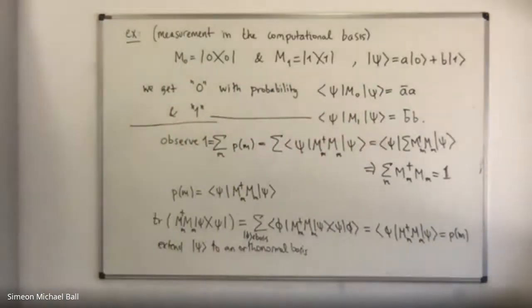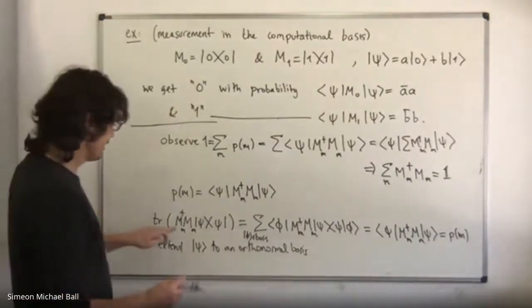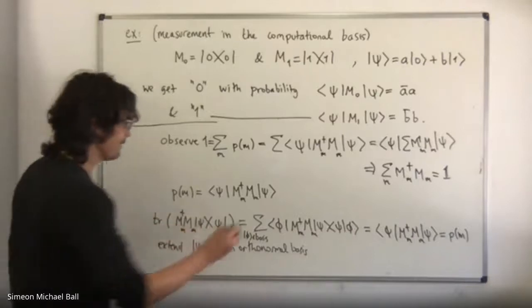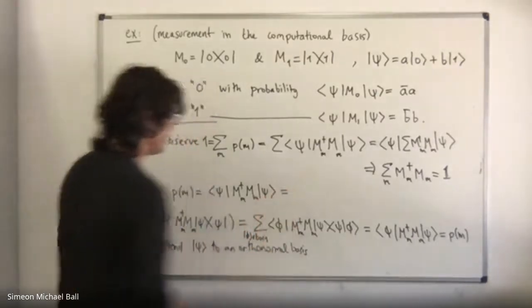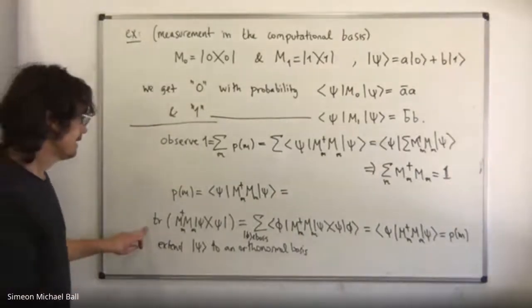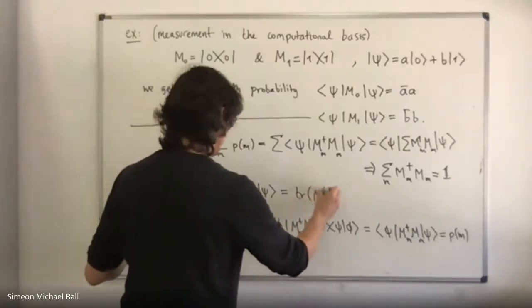Okay, so what I've proved is in fact that this thing, and you get kind of used to this after a while, that you can cycle these around even though they're not square matrices. So this is actually equal to the trace of this.